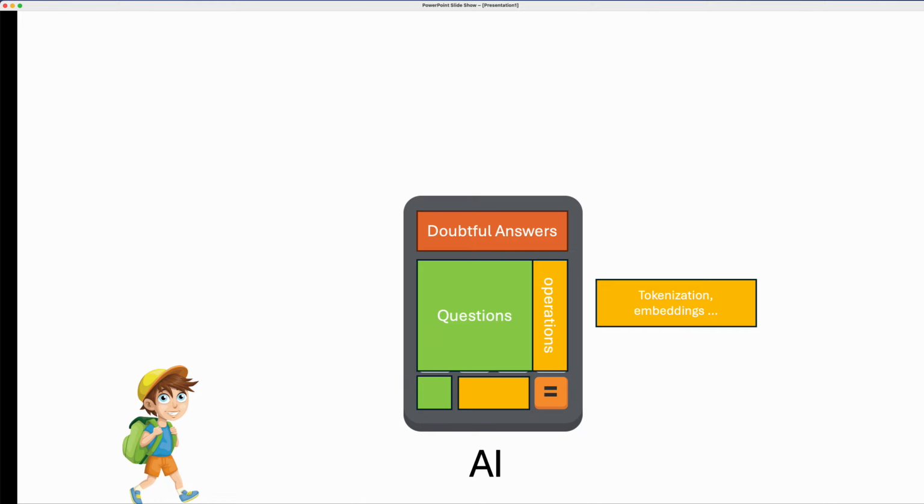And now if you compare this AI tool as a calculator with the traditional calculator, you will see we have another problem: the answers we obtain are not perfect answers.